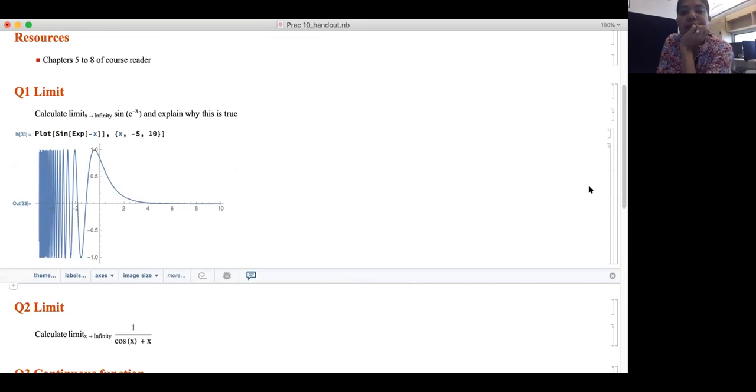Someone gave me the answer 0, which is very good. But on page 104 of your course reader, there is a little bit more information on why this is true. Can someone tell me? Did you guys look at it?